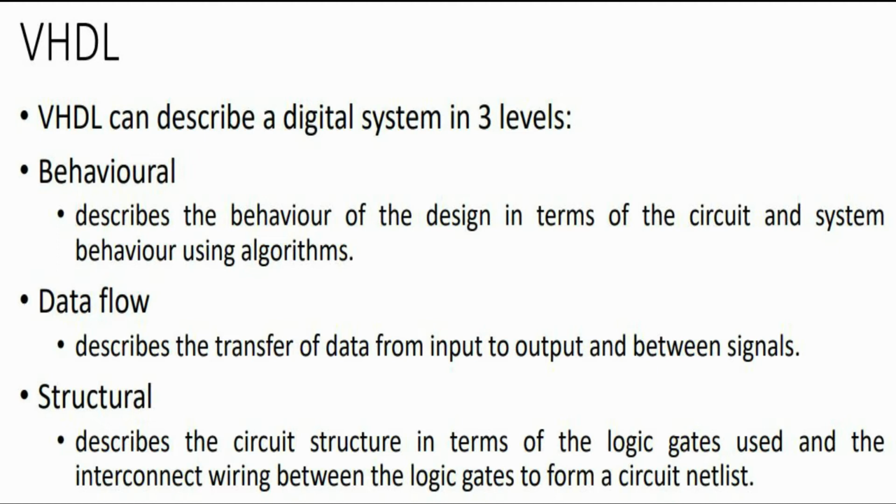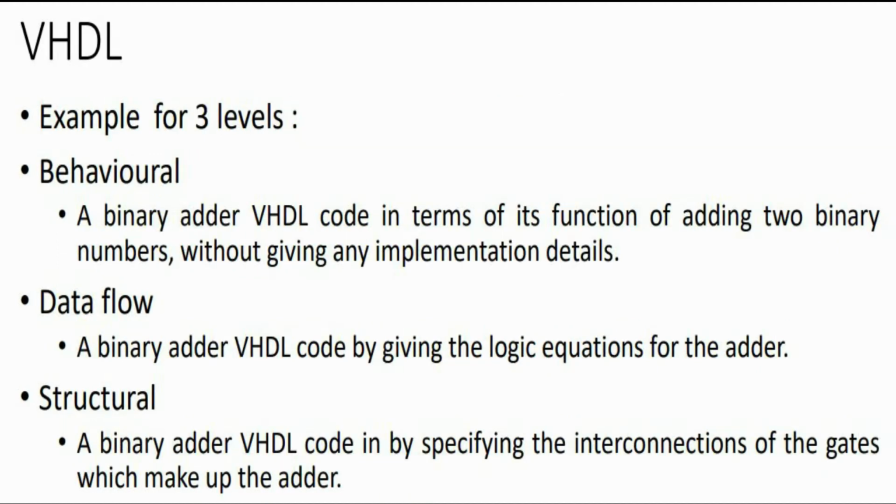And the third level is the structural level, which describes the circuit structure in terms of the logic gates used and the interconnect wiring between the logic gates to form a circuit netlist. Now let us take an example to understand these three levels.